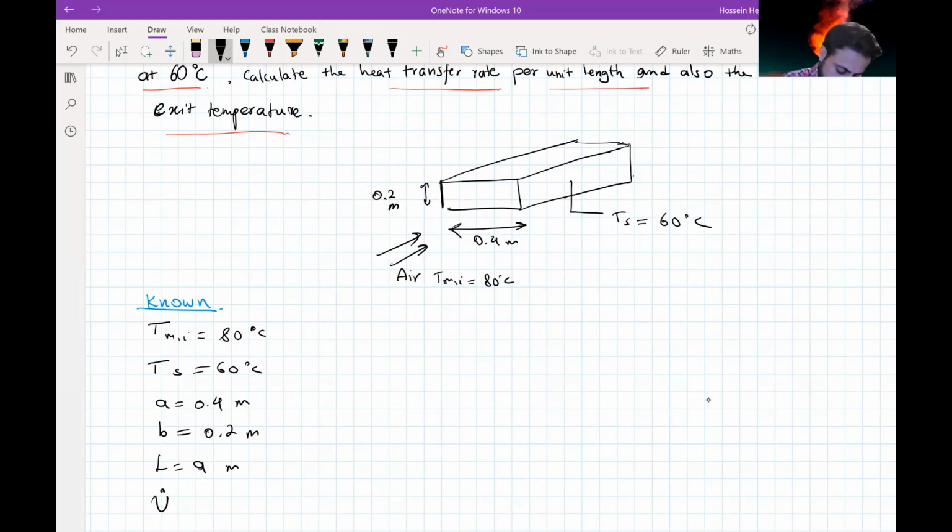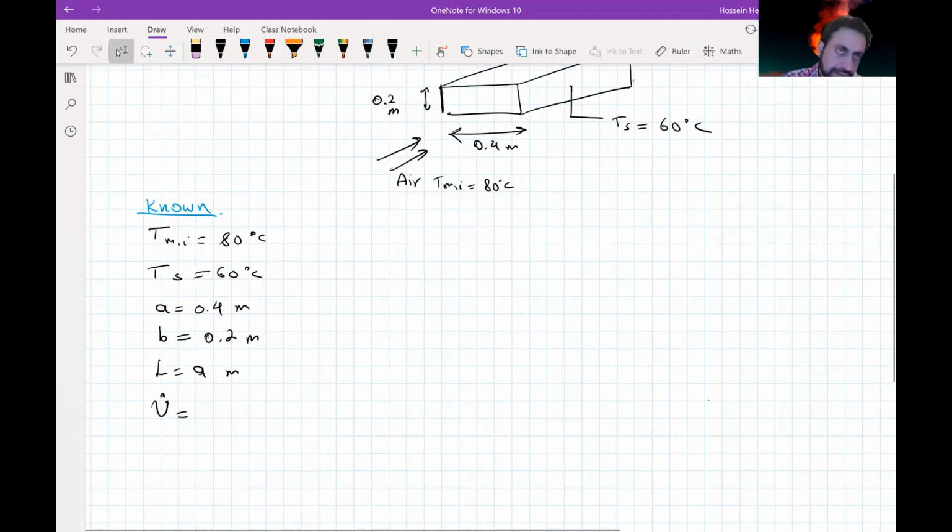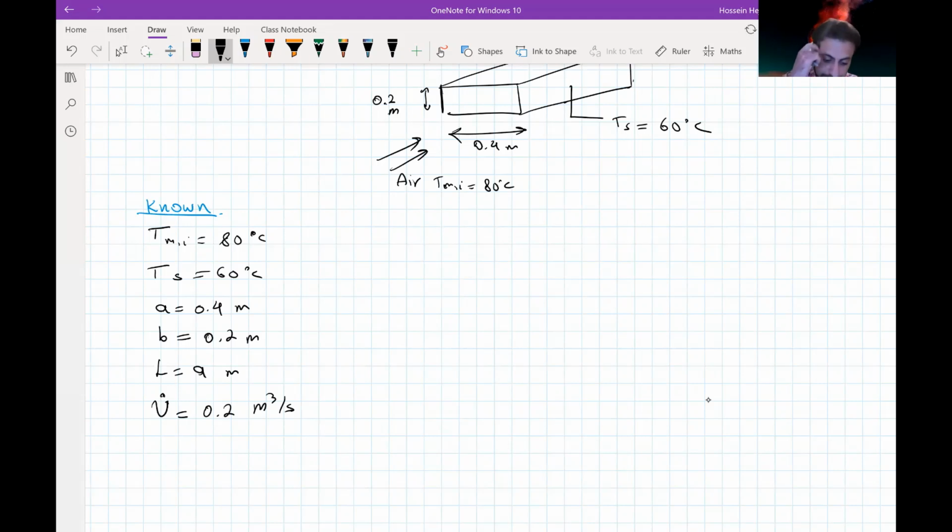And I'm showing the volumetric flow rate V dot as 0.2 cubic meter per second. So that's what we know. In terms of assumptions: steady state and no radiation.